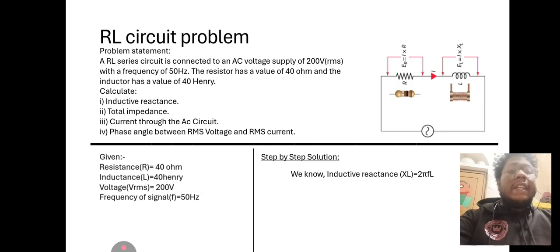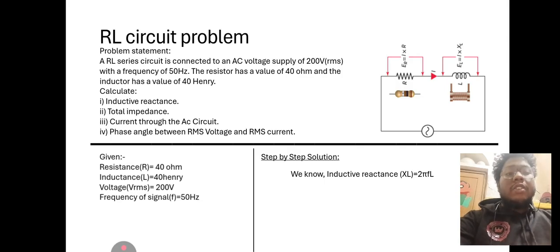We know that inductive reactance, denoted by XL, is 2 pi f L, where 2 is a constant, of course, pi is also a constant, 3.14 something. f is the frequency of the signal and L is the inductance, both given in the question.